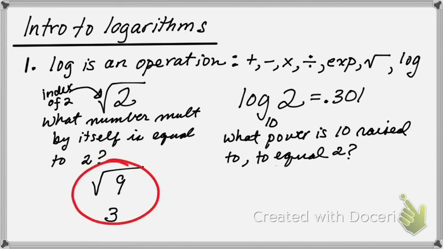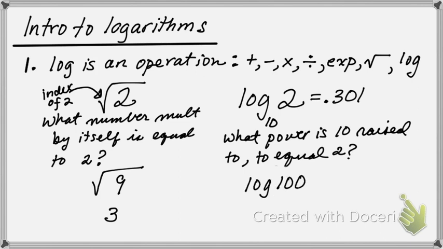All right, let's look at a convenient value, just like I did with the radical. Now that we are reviewing what this operation means, let's look at one that we could actually evaluate. So what if I said, what is the log of 100? If you review everything that I've been saying, you would know a couple of things here, and maybe you could answer that.